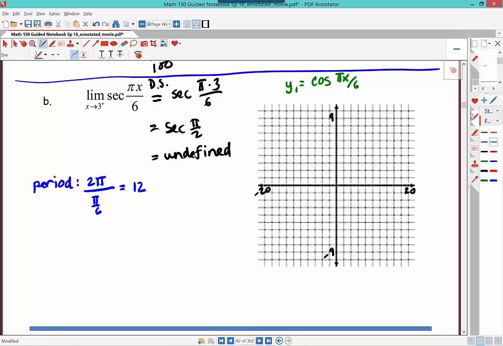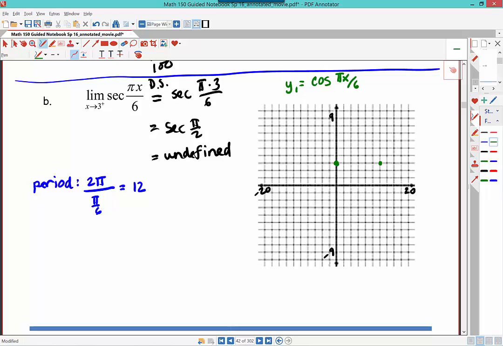So if I plug in 0, I'm going to get an output of 1. And then if I plug in 12, do you see that it'll be back at 2 pi? Good. So that'll finish it off. So 12 is, I doubled this, so 2, 4, 6, 8, 10, 12. This is going to be where the cycle will end for this first one.